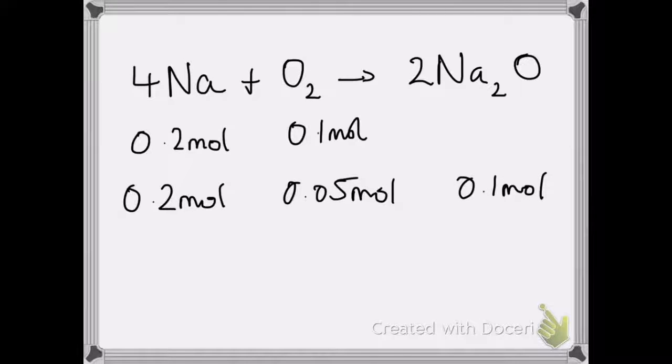So that will mean you will have 0 sodium at the end. You will have 0.05 moles of oxygen, that's the difference between the two, and you will have 0.1 moles of sodium oxide.